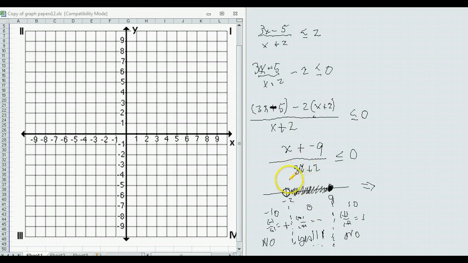Open interval over our work and closed interval at 9, because 9 is included. So write your answer as a sentence. The solution to my inequality is open interval, negative 2, comma, closed interval with a 9.